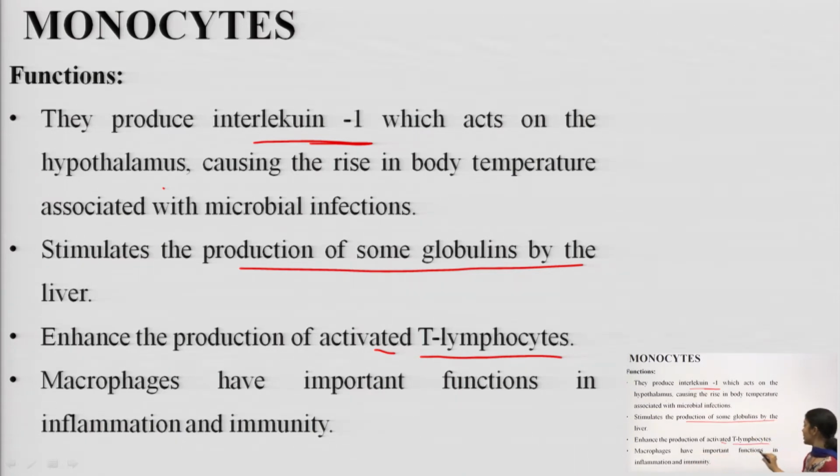Macrophages have important functions in inflammation and immunity. So, it also causes rise in body temperature, but that should be associated with microbial infection. It stimulates the production of some globulins, production of activated T lymphocytes, and also plays an important role in inflammation and immunity.